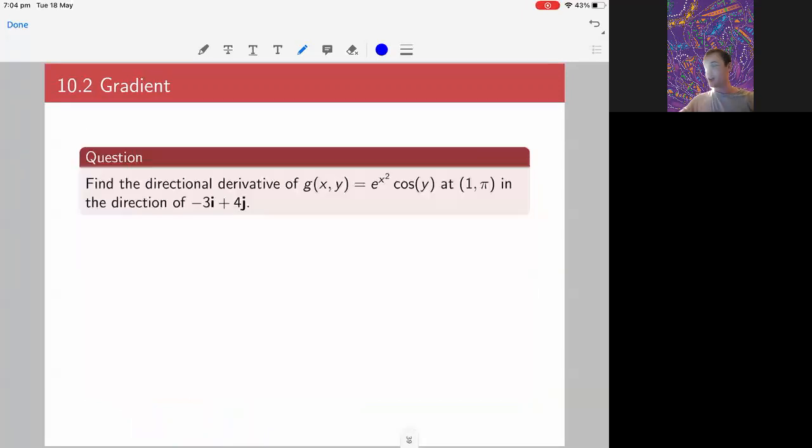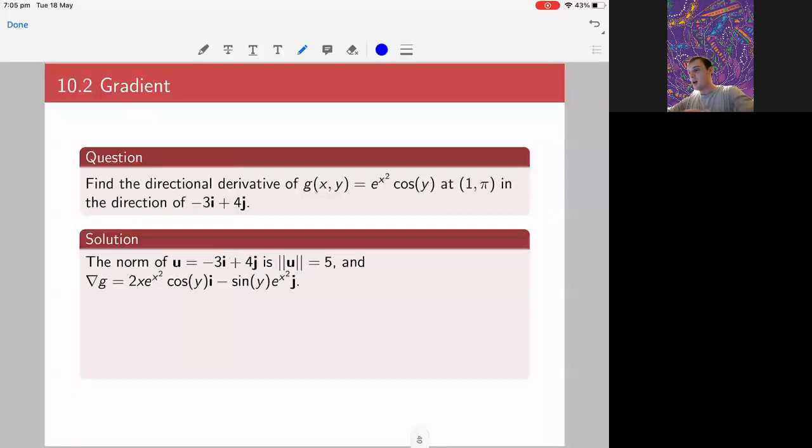Now, we're going to look at another example of directional derivative, except this time we're going to do it with the gradient notation that we just introduced. So let's say we've got the function g of x, y, which is equal to e to the power of x squared times cosine of y. We're looking at it at this particular point here, and we're hoping to go in this particular direction.